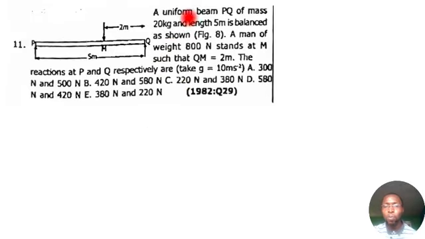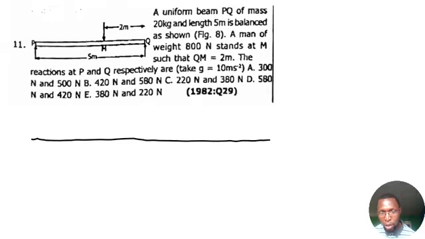So let us draw this uniform beam PQ again for clarity. Now let's quickly have a sketch of this so that it will be clearer to us. So this is a diagram. Let's make it a little longer. So this is a diagram, a beam PQ. So let's put P here, and Q, of mass 20 kilogram.